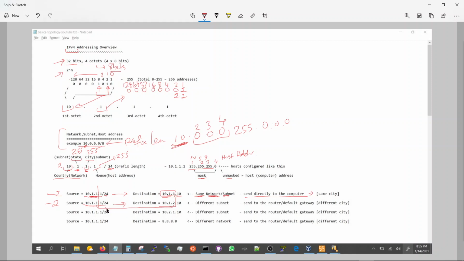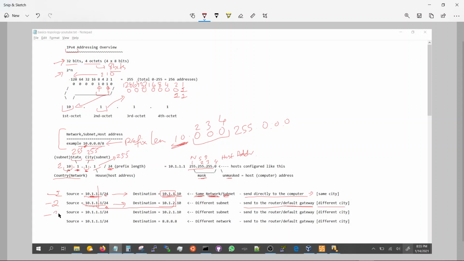That tells your computer the destination is not on the same network, so I'm not going to send it to the broadcast. I'm going to send it to the default gateway that you have configured. So it sends to the router now. It's a different city, so you're going to the airport to go to a different city.